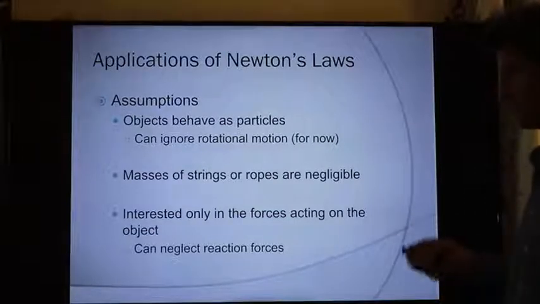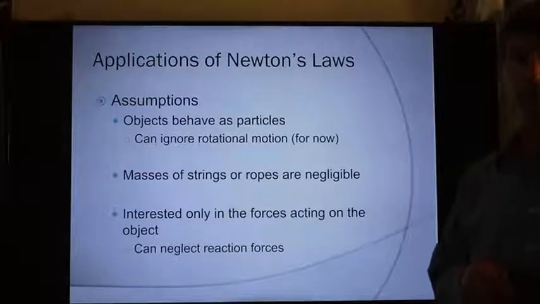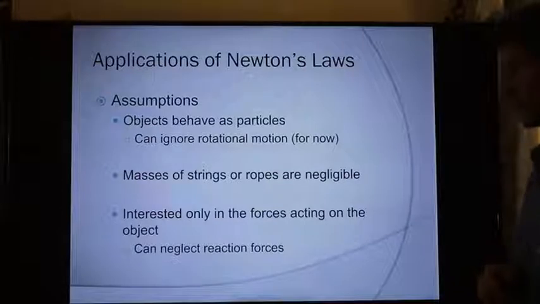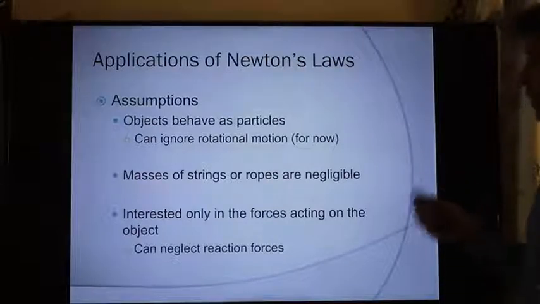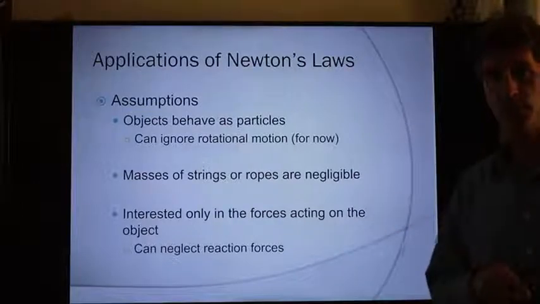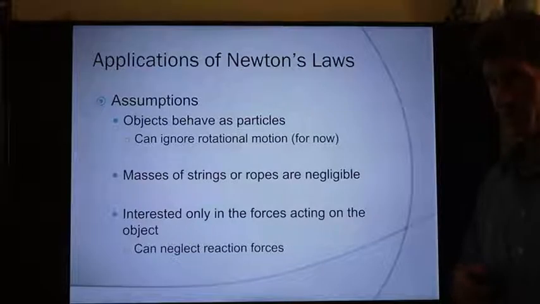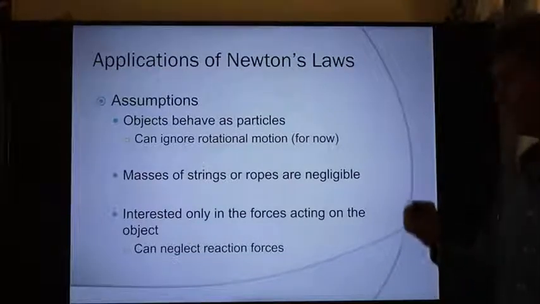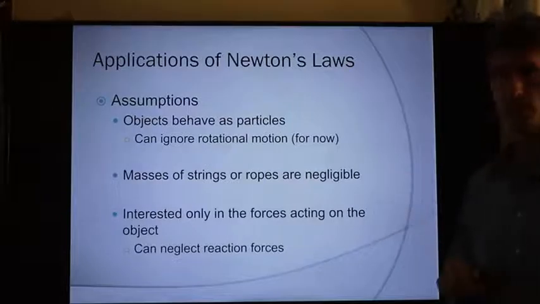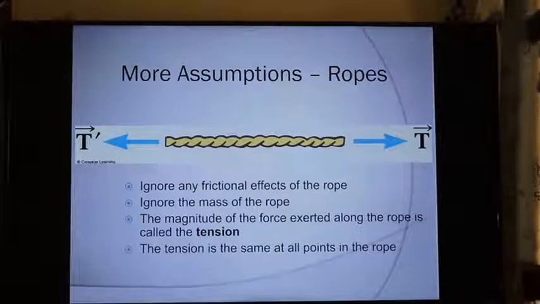In the real world they do have an effect, but here we're assuming that they're extremely light compared to the actual force that they can apply. We're only interested in forces that are acting on the object, and as we saw in the previous diagram, we want to neglect all forces that are not involved in changing the motion of the object of interest.